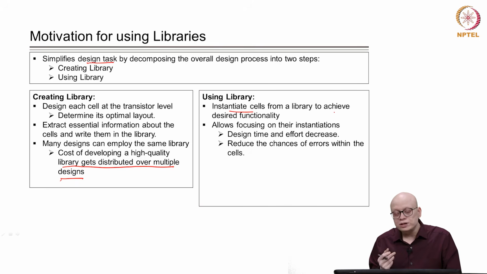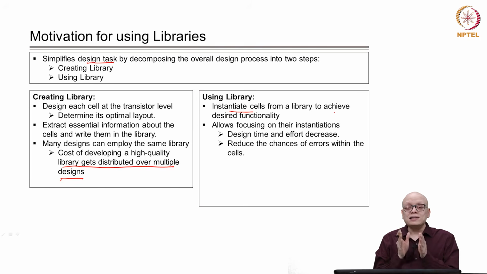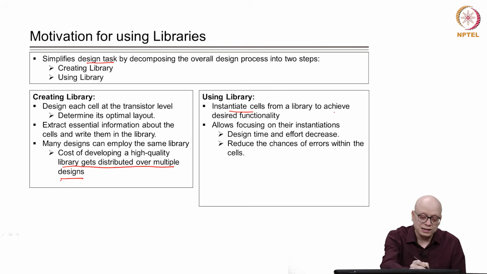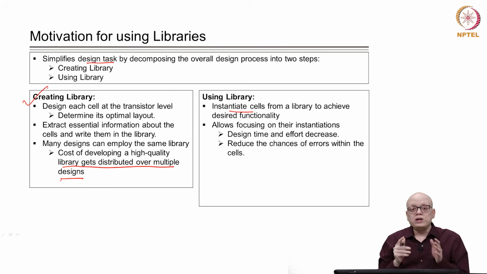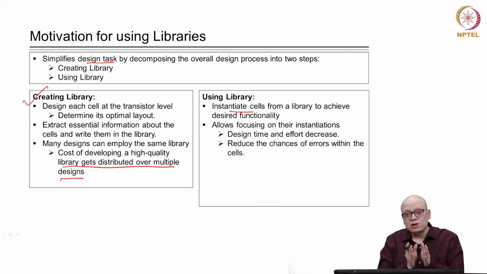It also reduces the chances of introducing bugs inside the cells, right. So, once the cell is created in a library, we do not change the internal structure or internal details of the cell. And if we are not changing, we cannot make errors, right.